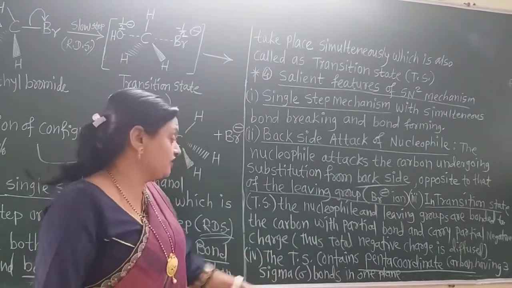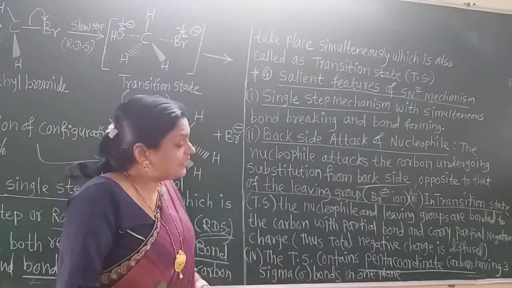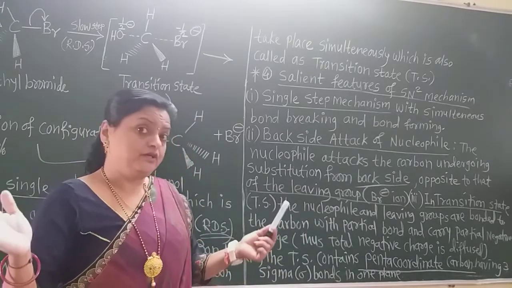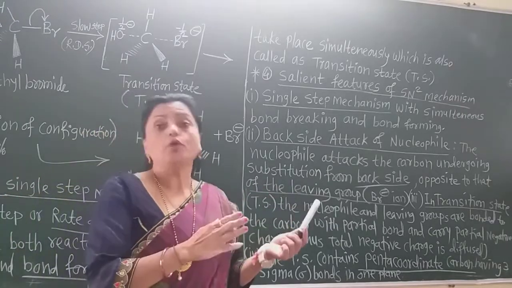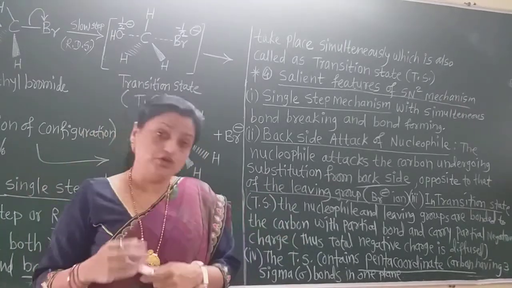Both carry a partial negative charge, and thus the total negative charge is diffused, partly on the leaving group and partly on the attacking nucleophile.